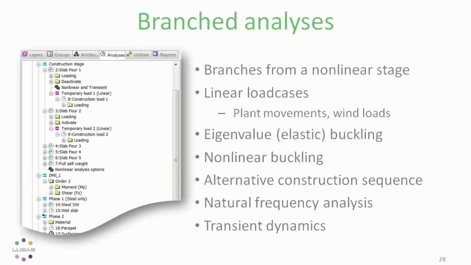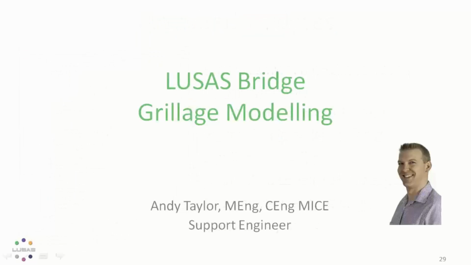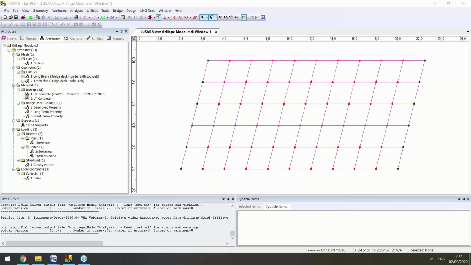Indeed, any analysis type can be a branch. And if you change the branch, LUSAS doesn't need to rerun the main trunk analysis, so it's really time efficient as a facility too. So now Andy will show us a brief run through of the Grillage Wizard.